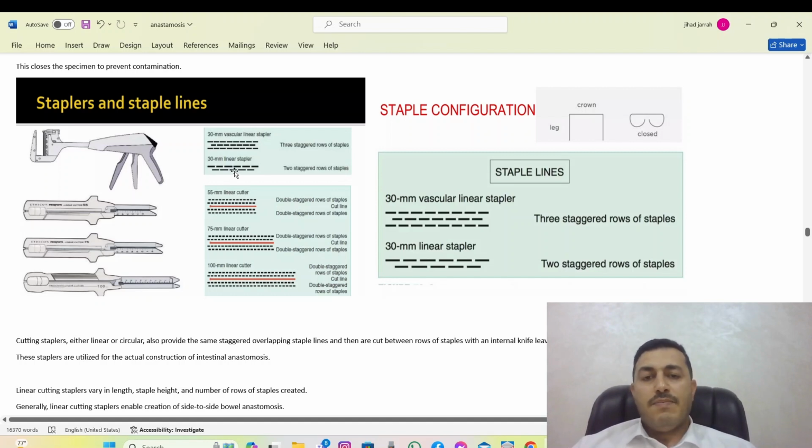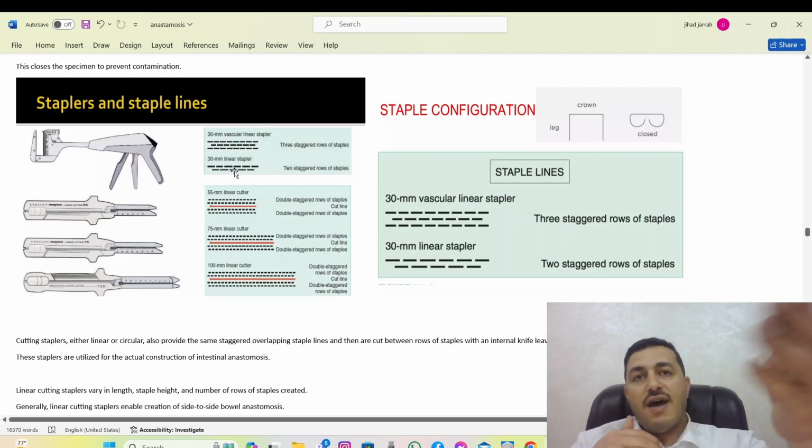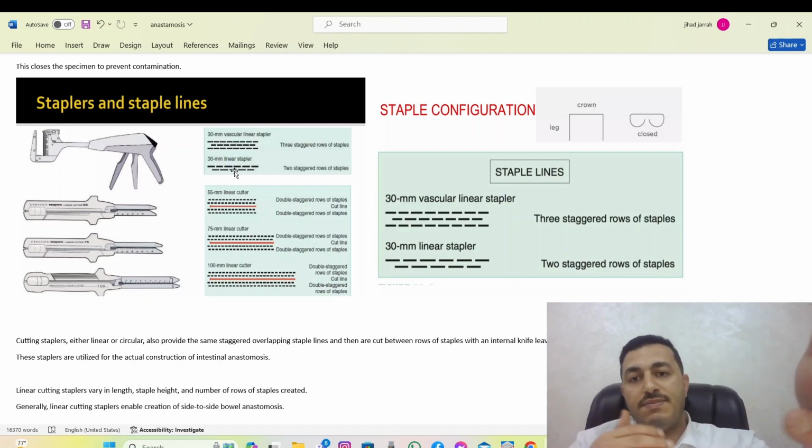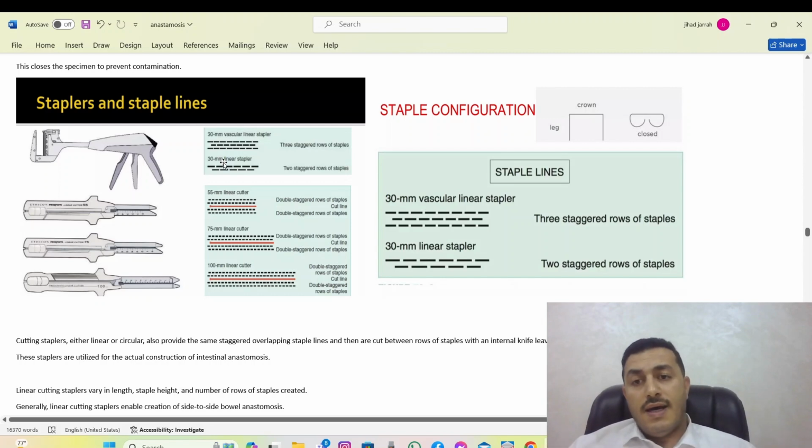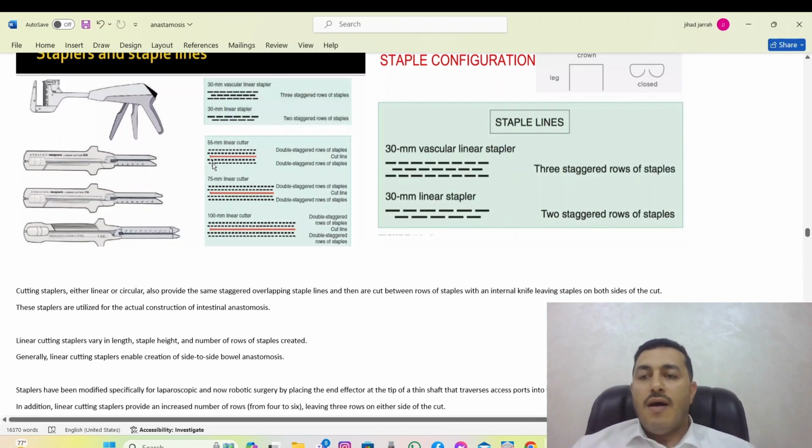This can be used so that the patient has more rows, more clips, than the specimen that we will take out. This may ensure sealing or reduce the risk of leak.